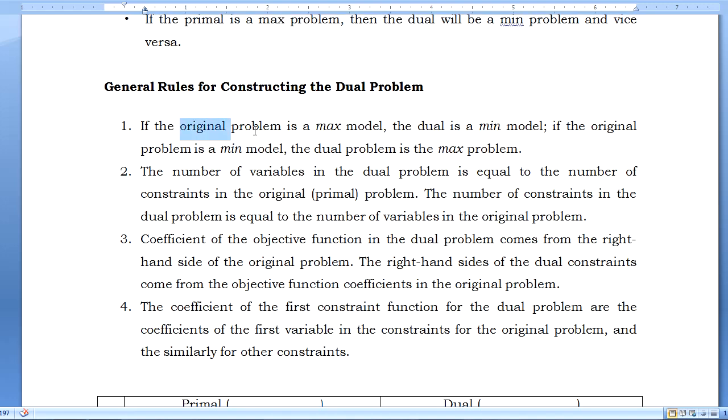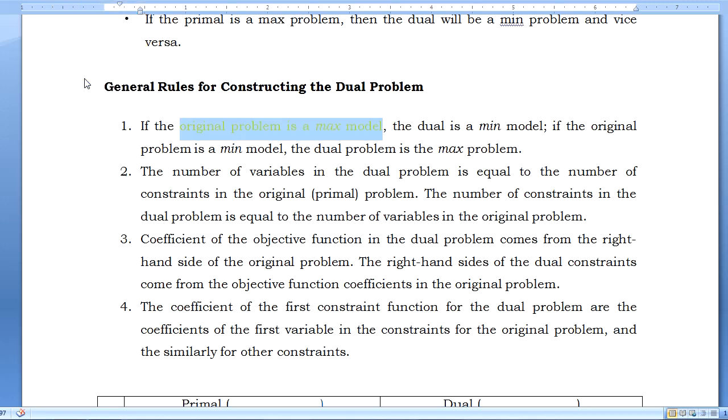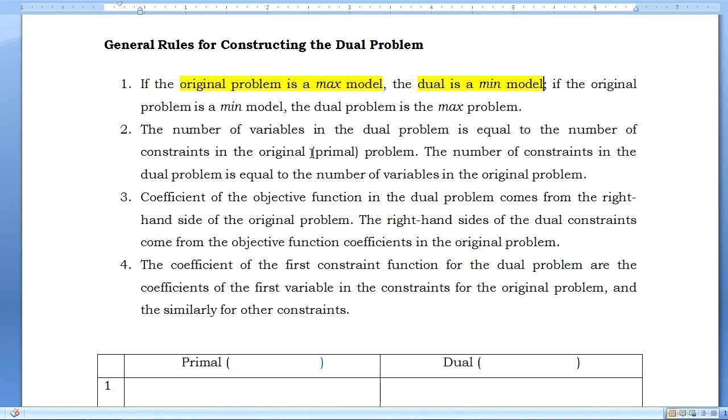If the original problem is a maximum problem, then the dual is a minimum model. And if the original problem is a minimum model, then the dual is a maximum problem. Let us write this important information in a table.